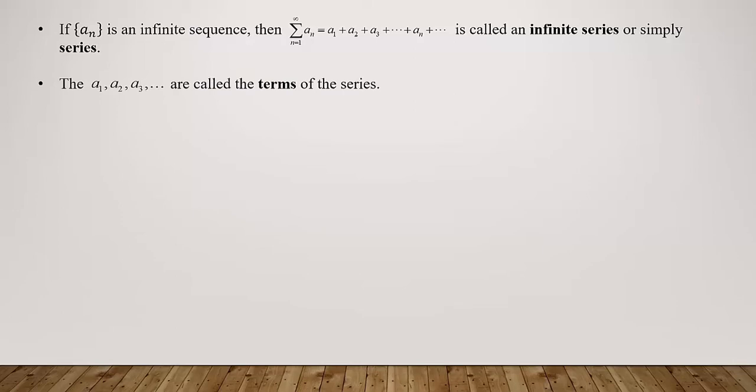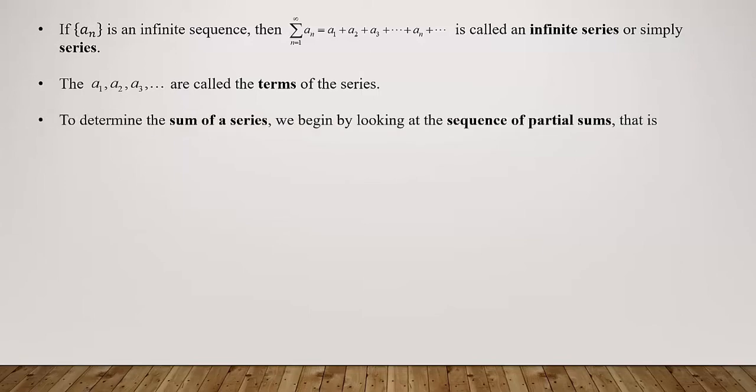The a sub 1, a sub 2, a sub 3, etc., are called the terms of the series. And to determine the sum of a series, we're going to begin by looking at a sequence of partial sums. So here's what a sequence of partial sums is. The first partial sum, denoted s sub 1, is simply the first term of the series, a sub 1.